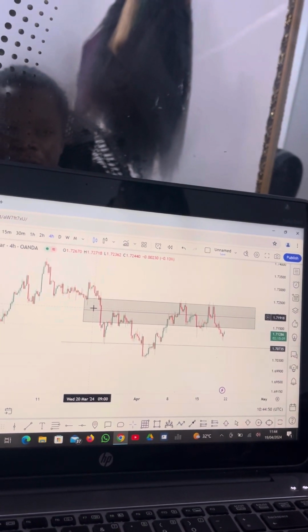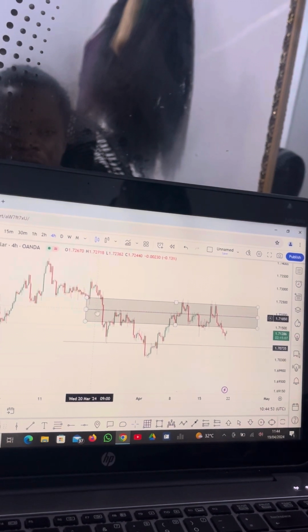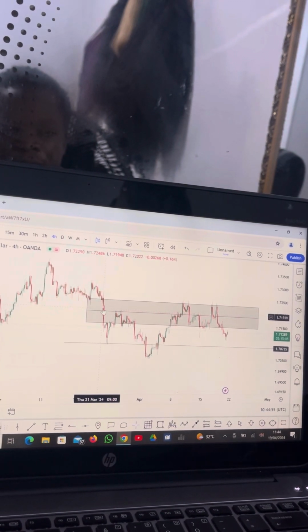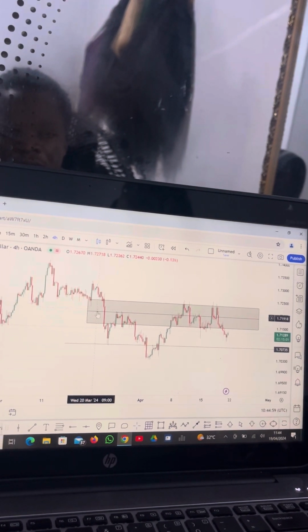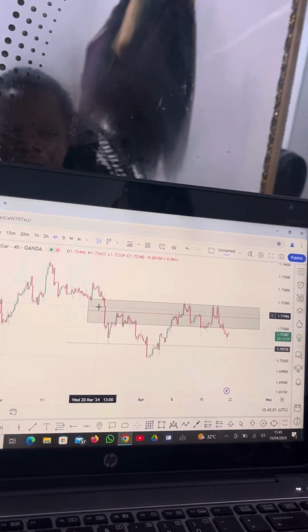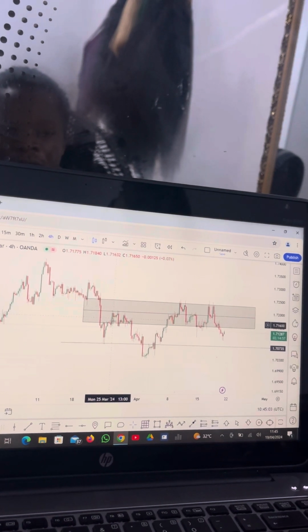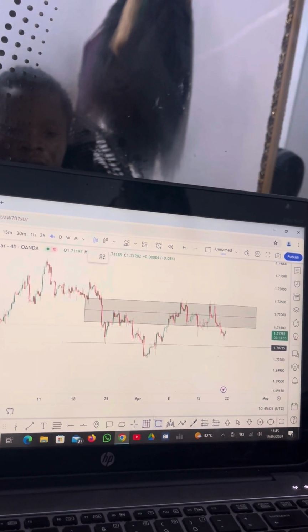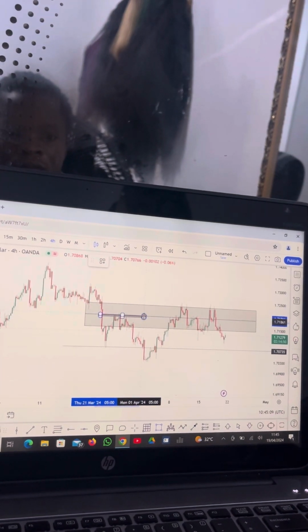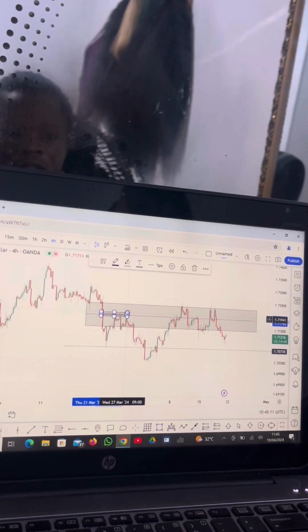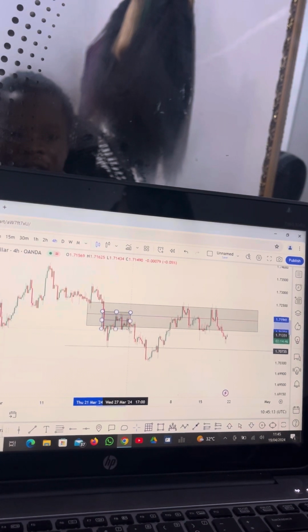I told you fair value gap is the space between the first and third candlestick.